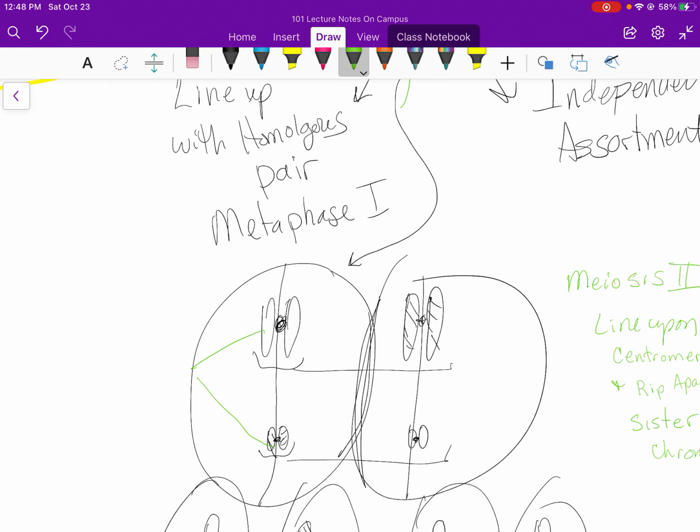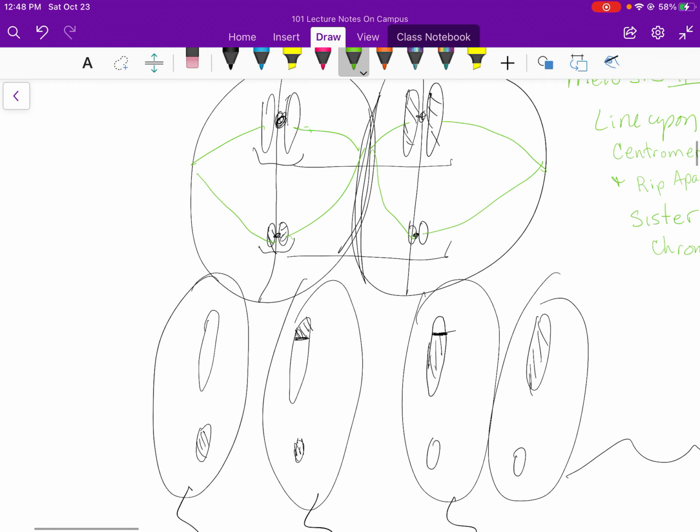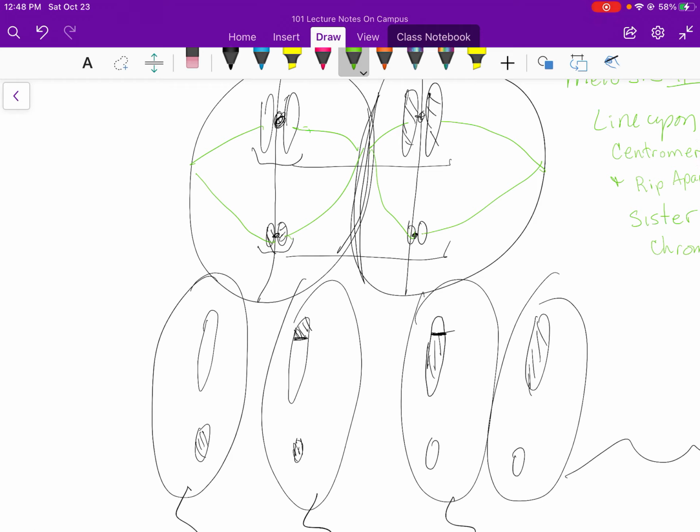I can put spindle fibers on here like this, and these little cables grab each of the sister chromatids, which are nearly identical at this time, and then they separate them into single cells that are haploid cells, which means they only have one of each kind of chromosome. They're not diploid, which would be two homologues of each chromosome.